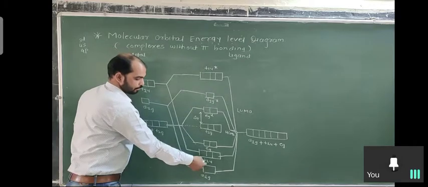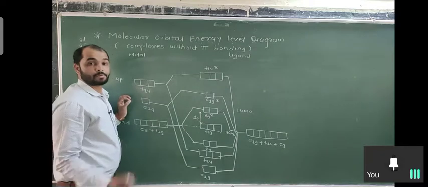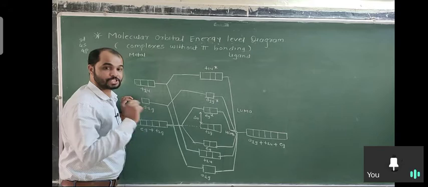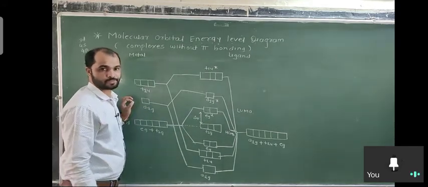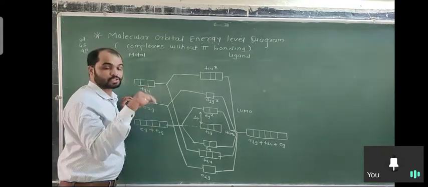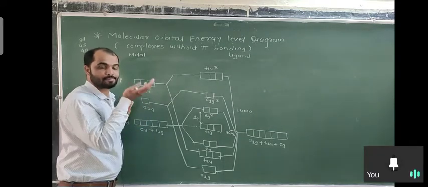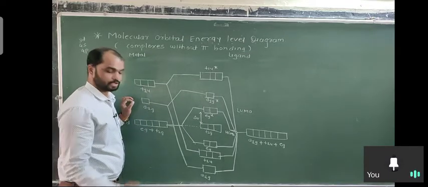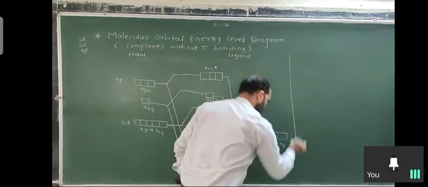Second, we also apply Hund's rule of multiplicity: we cannot pair up electrons until each molecular orbital contains at least a single electron. And there is Pauli's exclusion principle: we cannot put both electrons in the same molecular orbital with the same spin, so we always pair electrons with opposite spin. You well know about it. So we are going to discuss it here with an example.